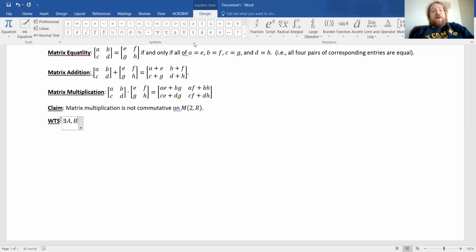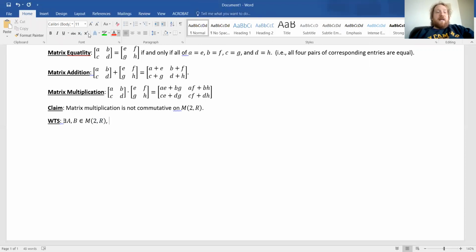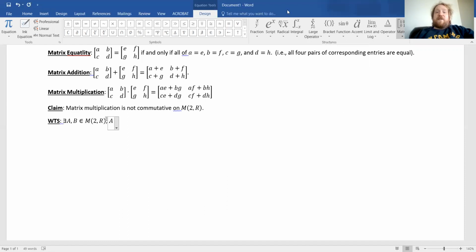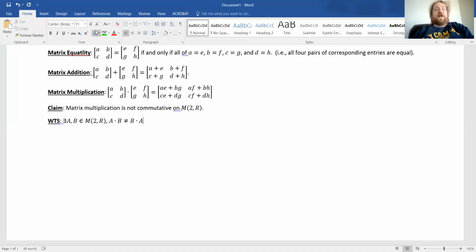So there exist matrices capital A, capital B in the set M2R such that A times B does not equal B times A, where the times here is the matrix multiplication.